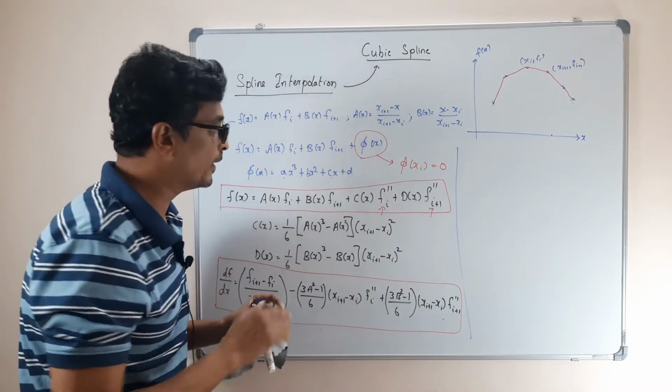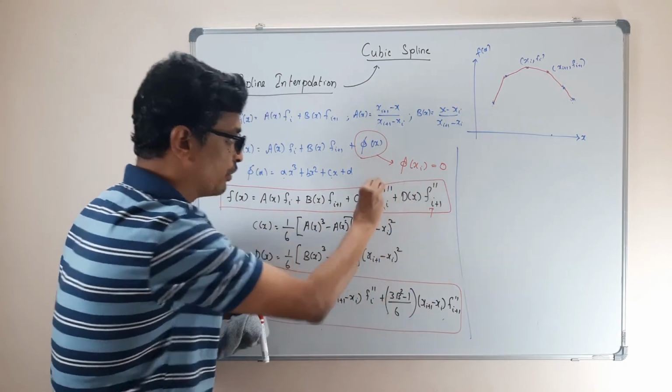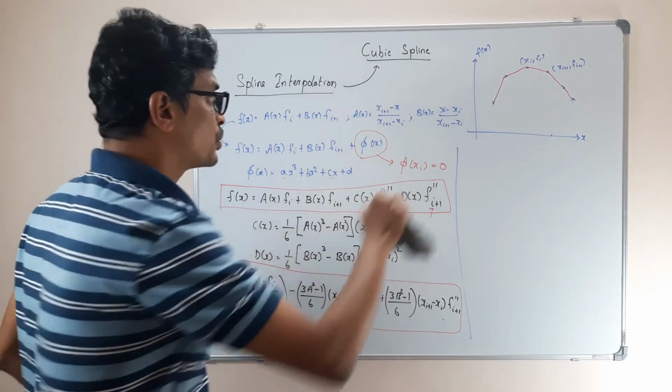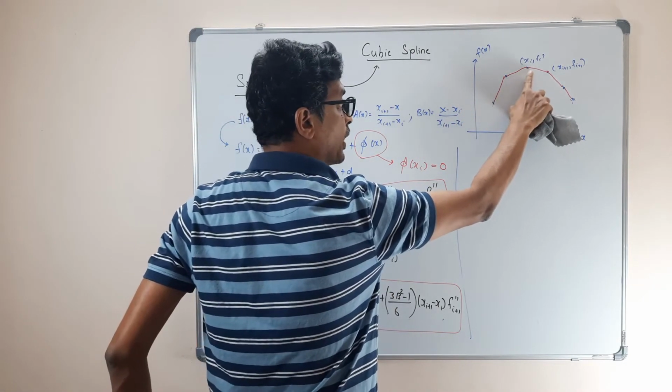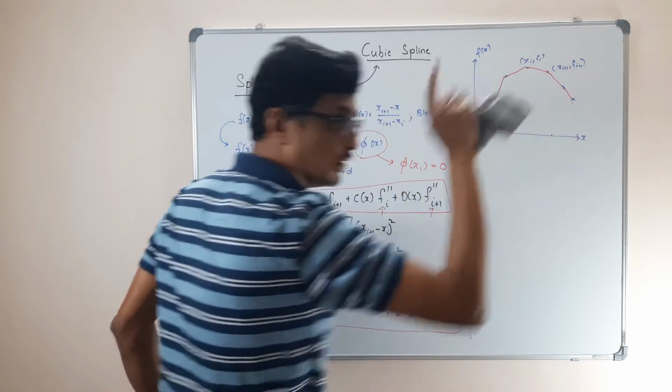We have to find out what the second derivative should be at those points. Let us see. Our aim is to have this df by dx be continuous over every abscissa. That means whether you calculate from these 2 points or these 2 points, they should match.